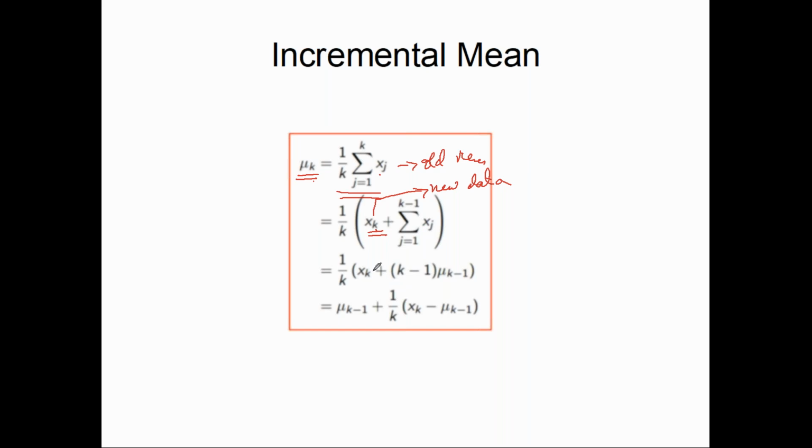Okay, so what I can say is, let me just make things j, x_j, this is the mean, right? x_j, so this is mu_k.